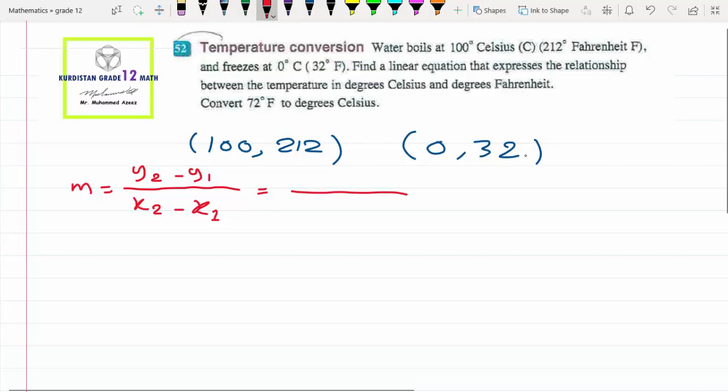It's also right if you consider these two as x2 and y2 and these two as x1 and y1. But this one looks easier. It's easier if you say 212 minus 32 over 100 minus 0.